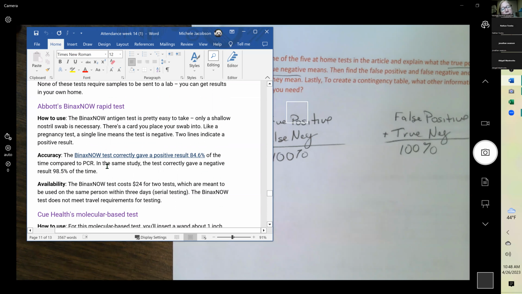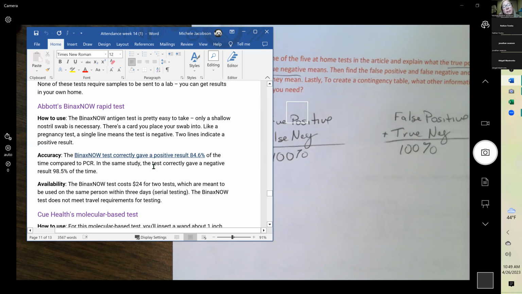The Binax Now test correctly gave a positive result 84.6% of the time, compared to the same study, the test correctly gave a negative result 98.5% of the time. And so the true positive is 84.6 because it correctly gave a positive result.